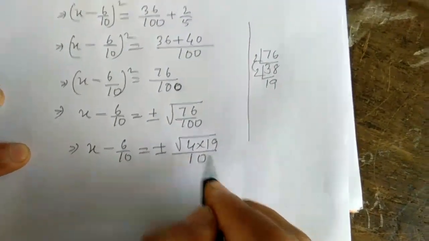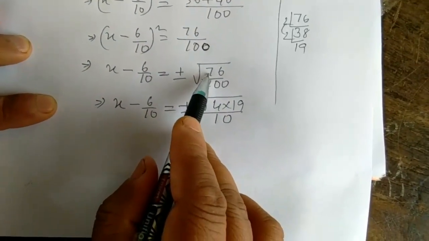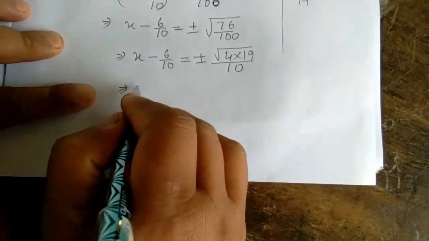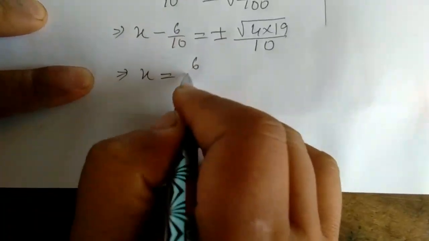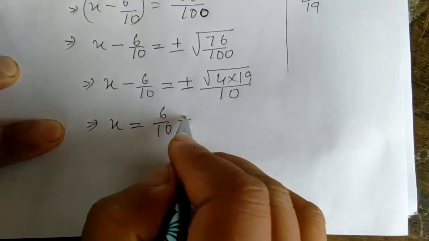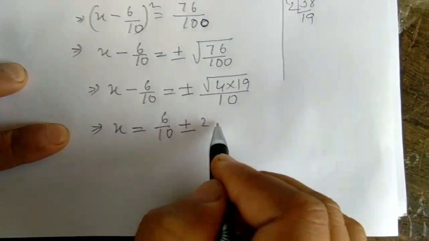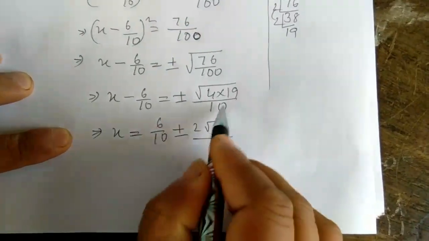So directly I have written this one. Square root of 100 is 10, and the factors of 76 are 4 into 19. x, this is minus, if you transfer to the right side, it will become plus 6 by 10 plus minus root, square root of 4 is 2, right? Then we cannot find this one, so 19 remains as it is, by this 10.